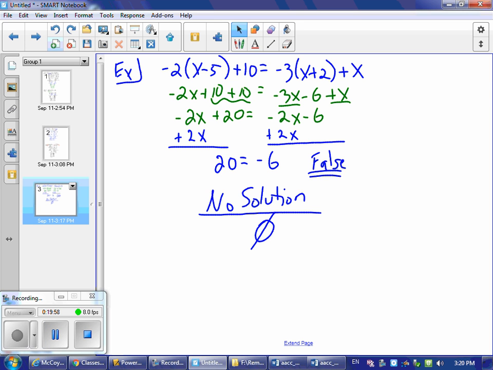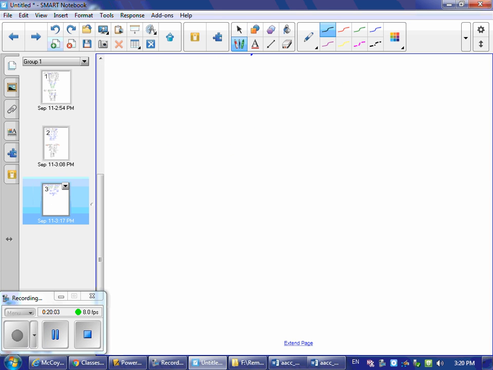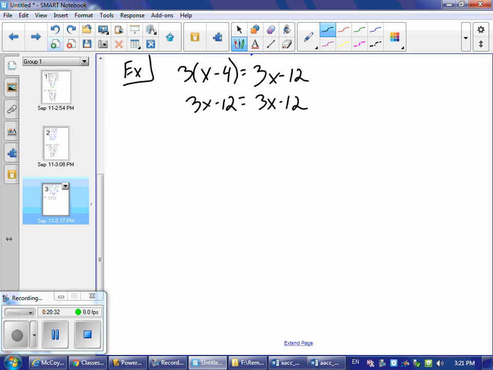Okay, one more example. So we'll have 3 times the quantity x minus 4 equals 3x minus 12. So once again, we'll go ahead and distribute on the left-hand side to get rid of the parentheses, which would give us 3x minus 12 equals 3x minus 12.